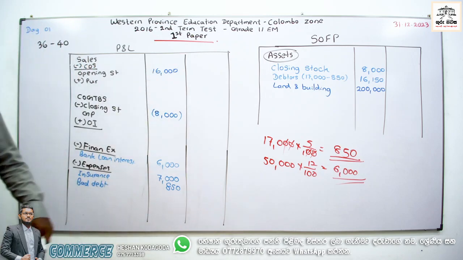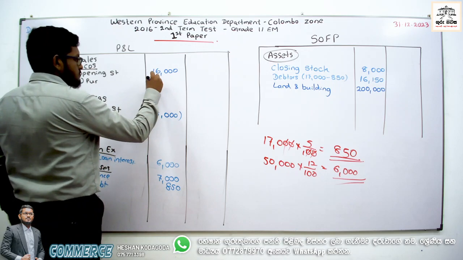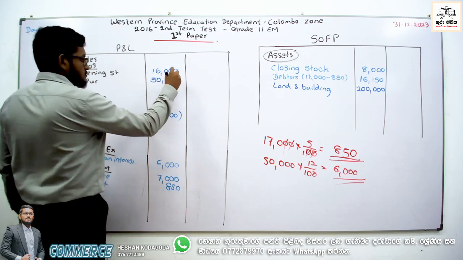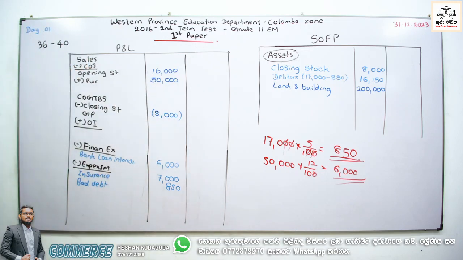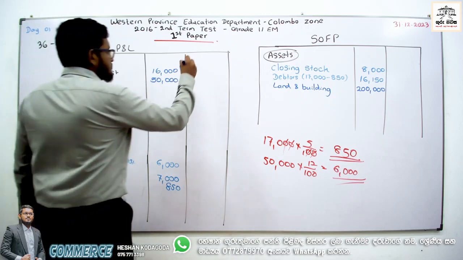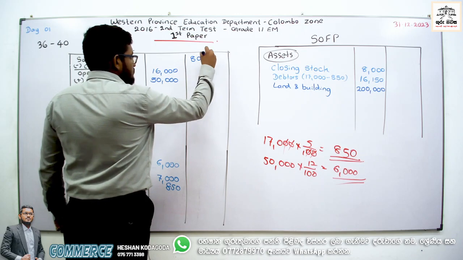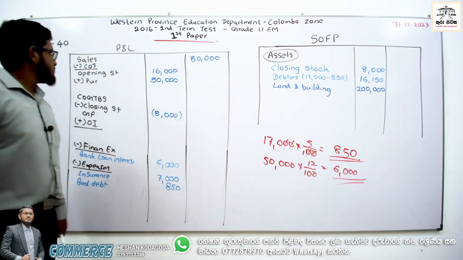Right? Purchases 50,000. Done. Sales 80,000. Done.